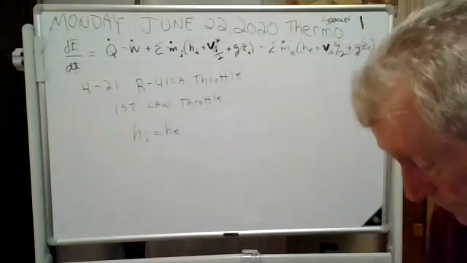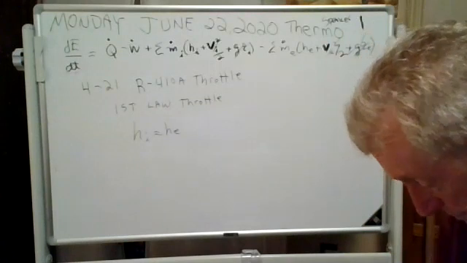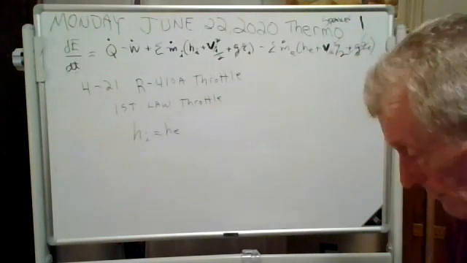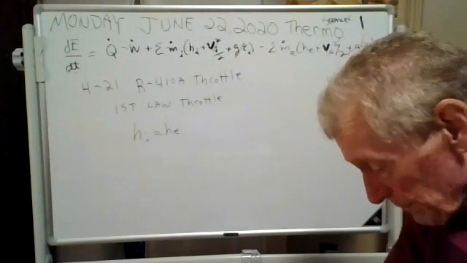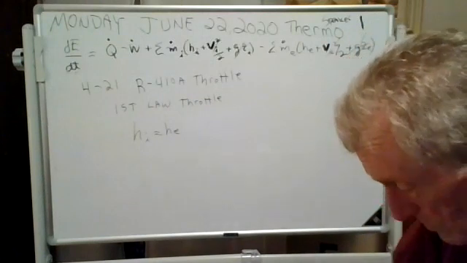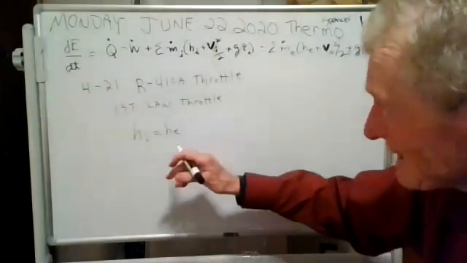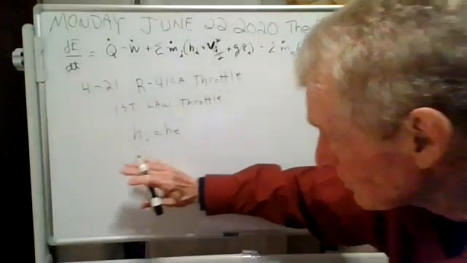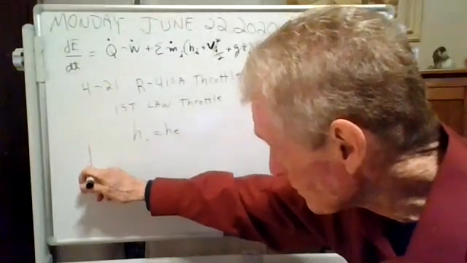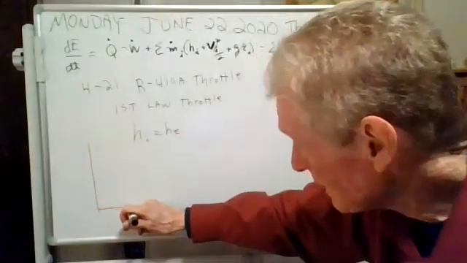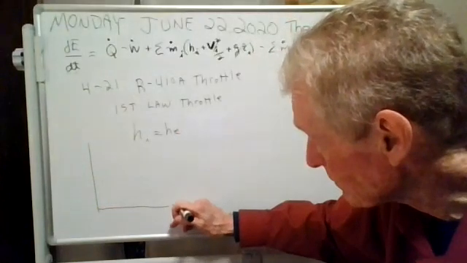So here we go. We're going to do 421. Let me find it here. Oh, here it is. Saturated liquid R410A. Now, you know what I start with when I do problems? I start with the PV diagram.